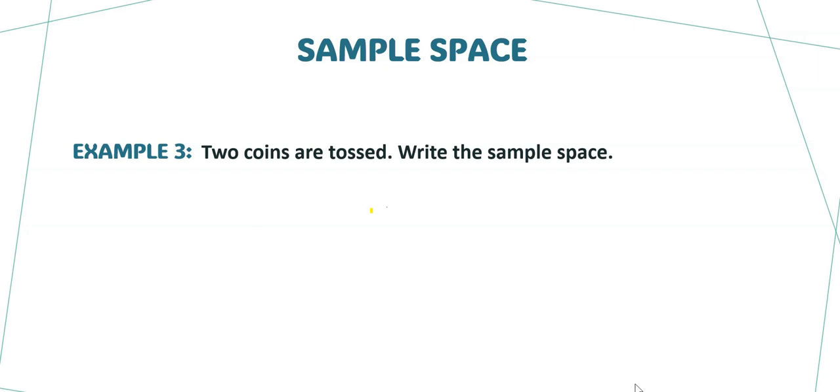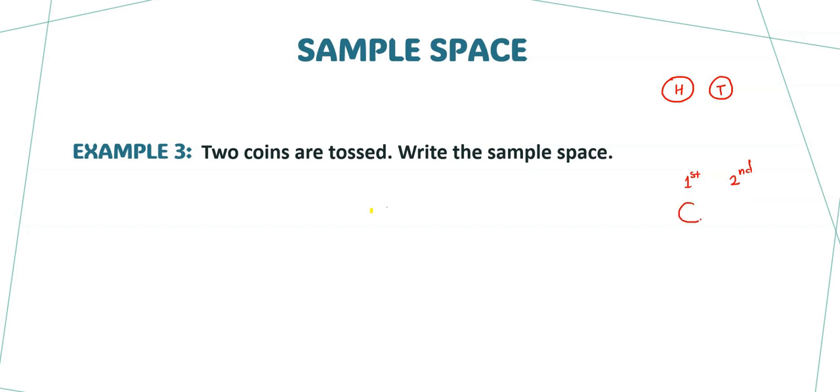Two coins are tossed. We have to write the sample space. So in this example, we have two coins. If you remember, when we toss a coin, we get either head or tail. Now we are tossing two coins. So let's write down the outcome of tossing the first coin and here the second coin.